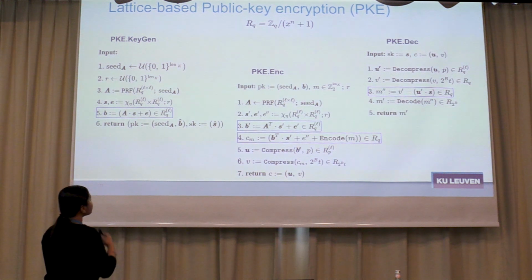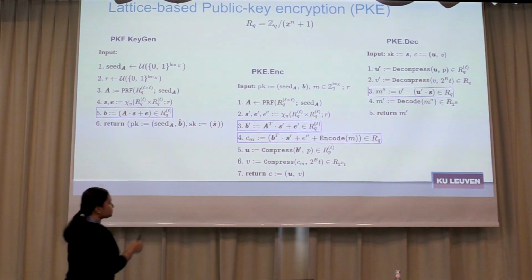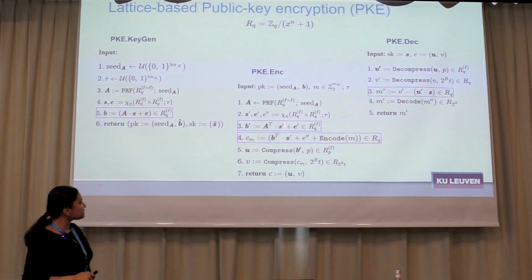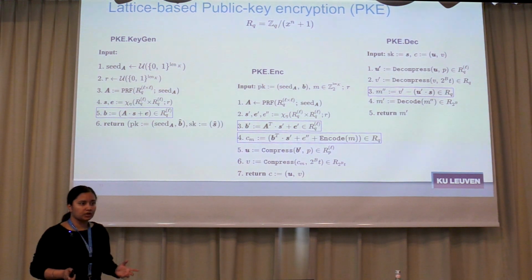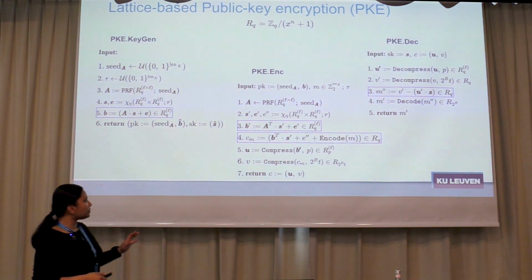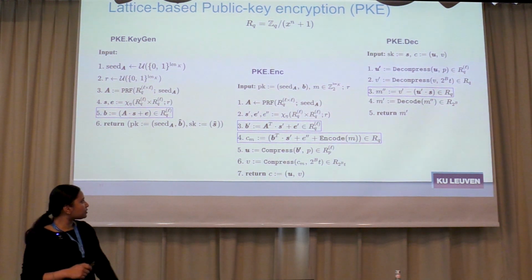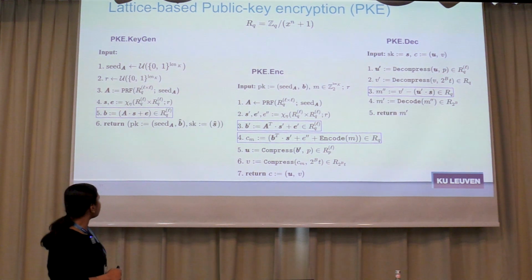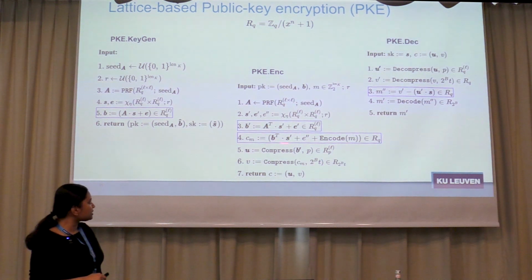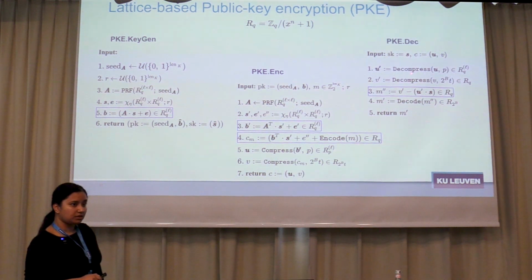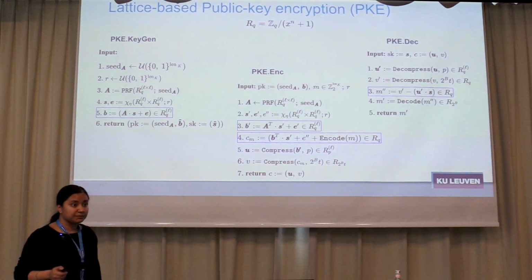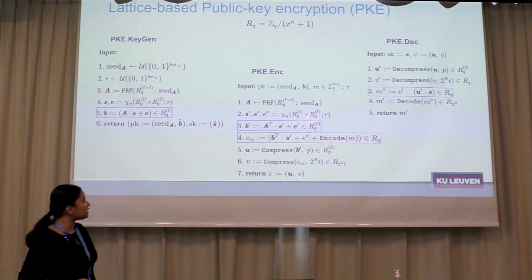Now, as I mentioned earlier, in your PKE, the native operation, which is multiplication, is very expensive, and people have tried many times to optimize it. So I'll talk about that. Just before that, I wanted you to notice that for key generation, there is 1 multiplication. For encryption, it is 2, and for decryption, it is 1. But mind that when we do decapsulation, we actually perform this decryption and encryption.